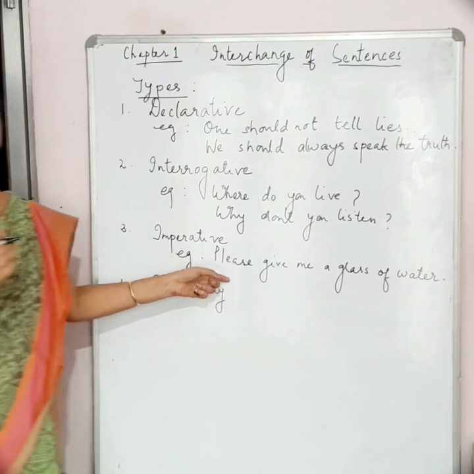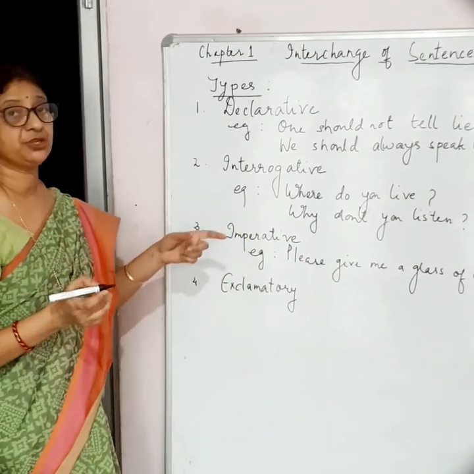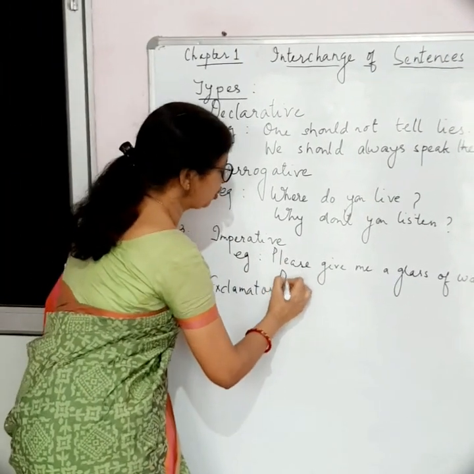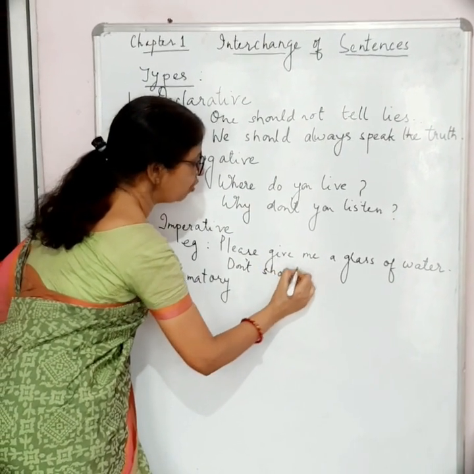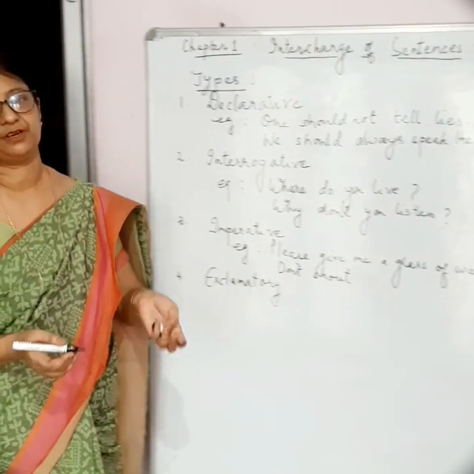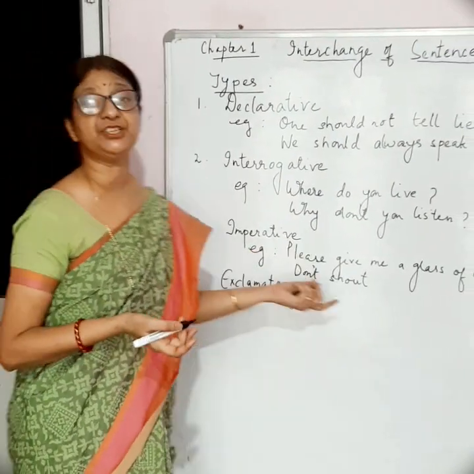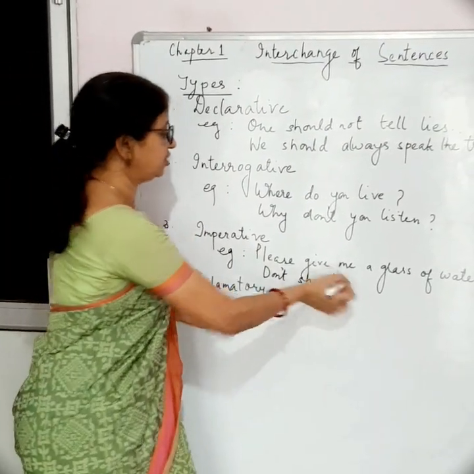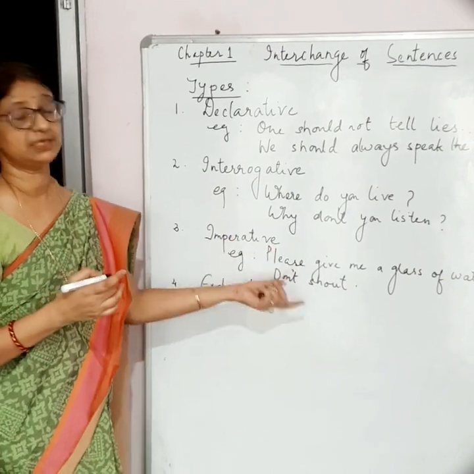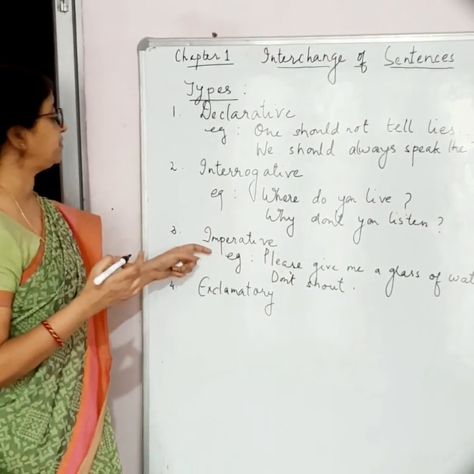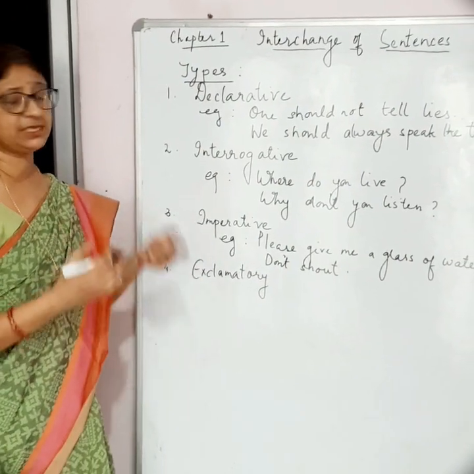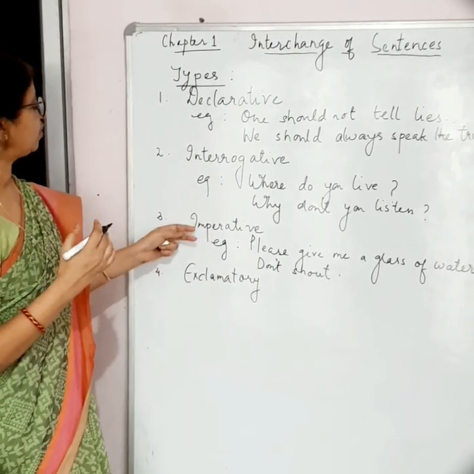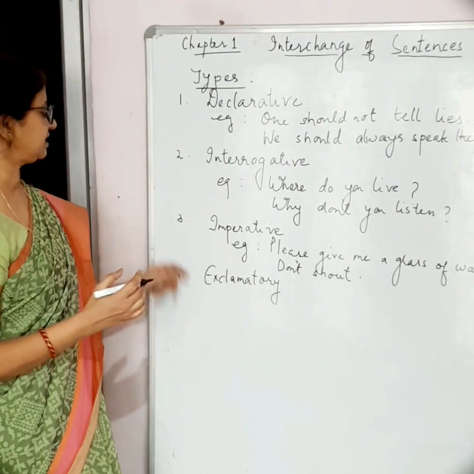So, this is a request. Suppose you write, don't shout. This is an order. You might have heard in the school assembly, attention, stand at ease. So, all these are orders or commands. So, command, order, request, whatever it is, is included in imperative sentences.